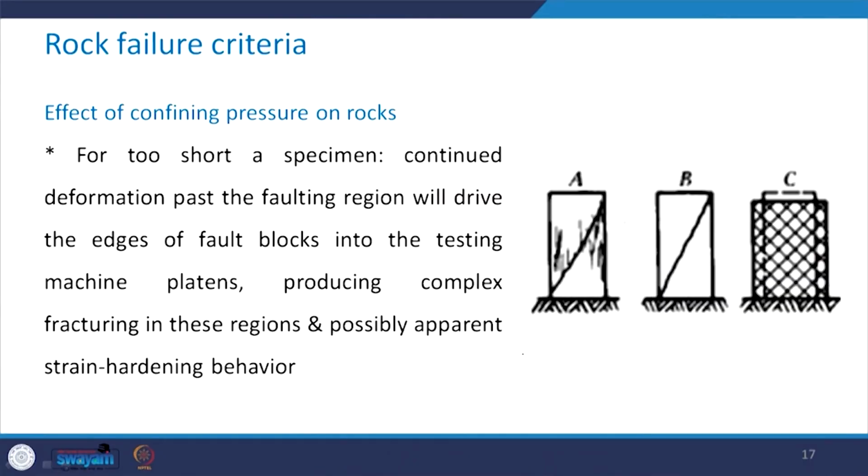What do we understand by strain hardening kind of behavior? That means if we have the stress here and strain here, then what we will get is this kind of behavior. That means beyond this yield limit, the resistance will be there in the specimen like this.